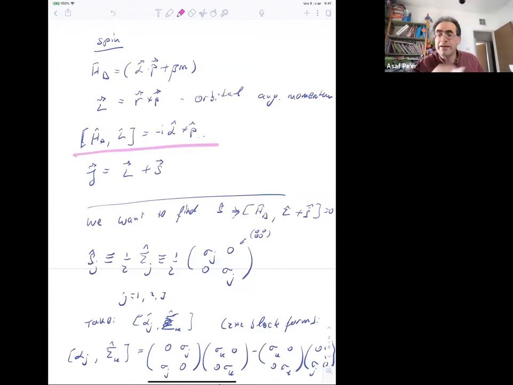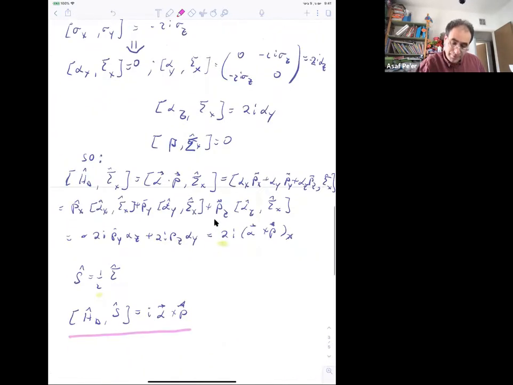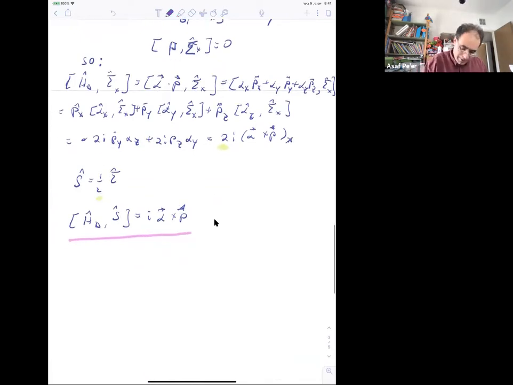And of course, they are exactly the opposite, because that's what I wanted. So when I merge them together, I end up with HD and J, which is the Dirac Hamiltonian, and L is 0.